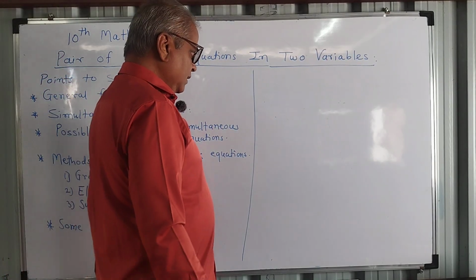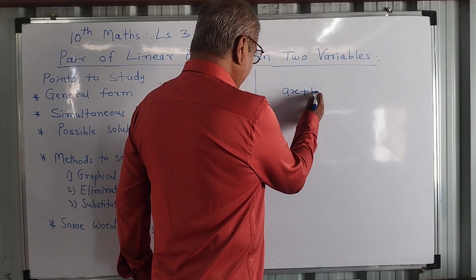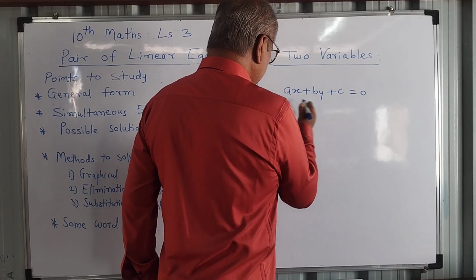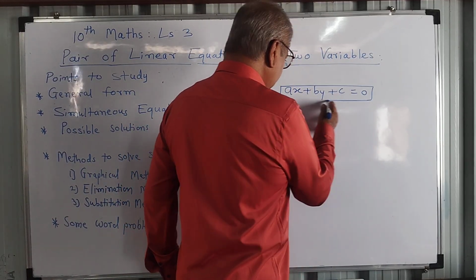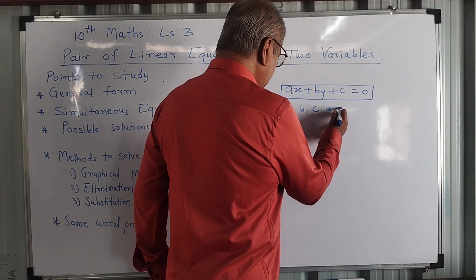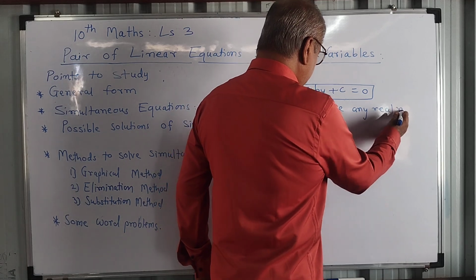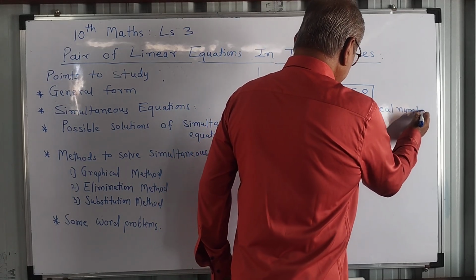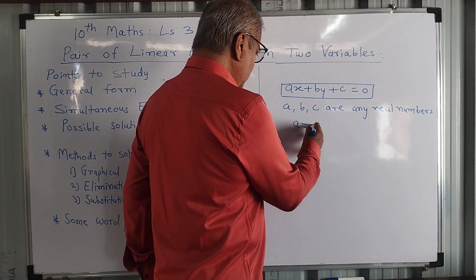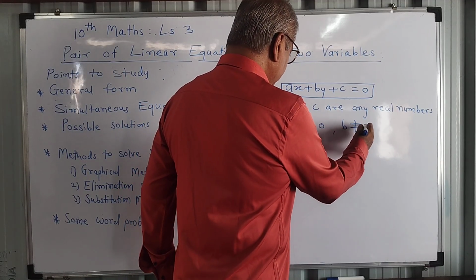And therefore the general form is ax plus by plus c is equal to 0, where a, b, c are any real numbers, but the condition is a should not be 0 and b should not be 0.